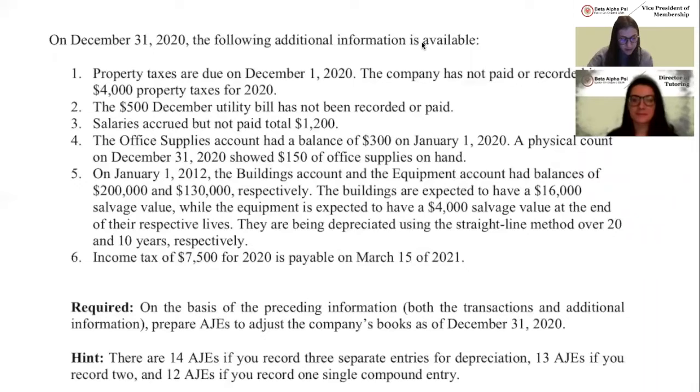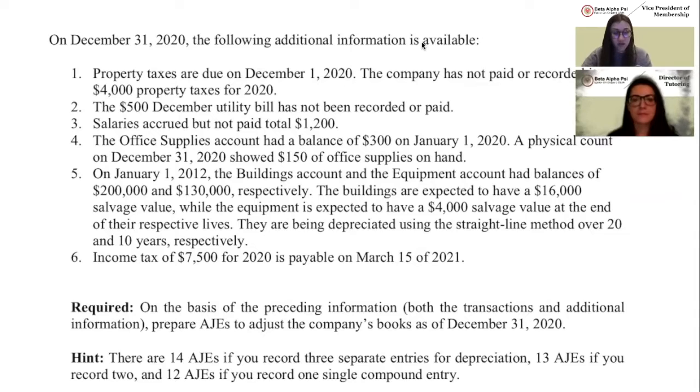On January 1st, 2012, the buildings account and equipment account had balances of $200,000 and $130,000 respectively. The buildings are expected to have a $16,000 salvage value, while the equipment is expected to have a $4,000 salvage value at the end of their respective lives. They are being depreciated using the straight line method over 20 and 10 years respectively.